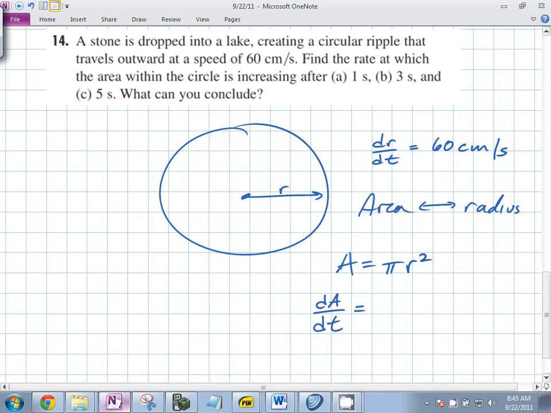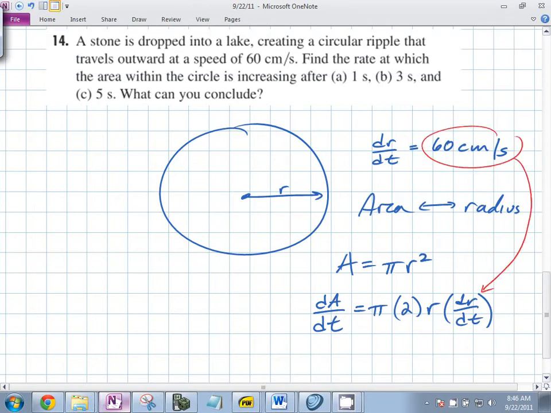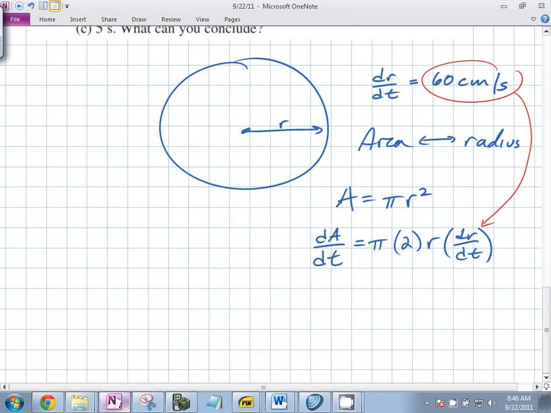It's a constant, so it just stays there. What do you do with the 2? 2 times r times dr/dt, the rate of change of r with respect to t. Do we have dr/dt? Yes, it's 60. You bring it down and plug it in. So what do we end up with?